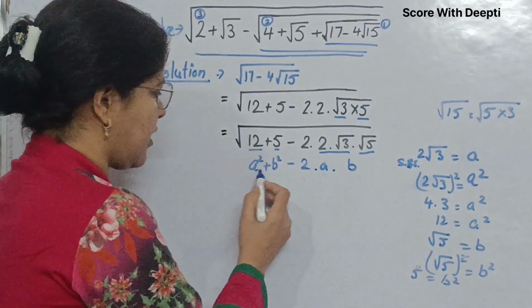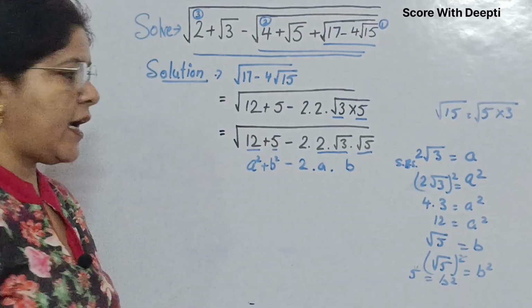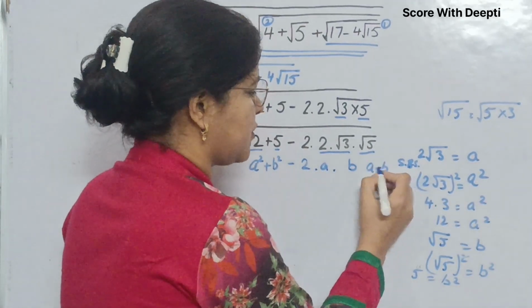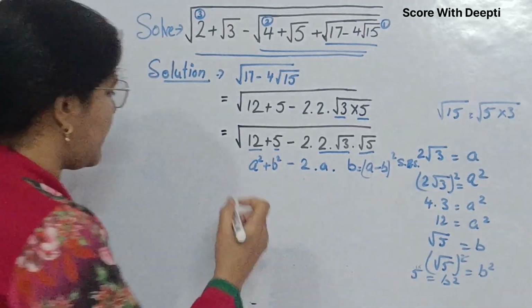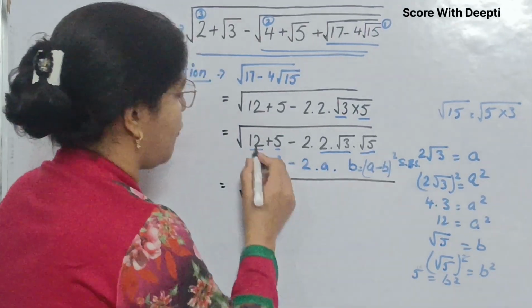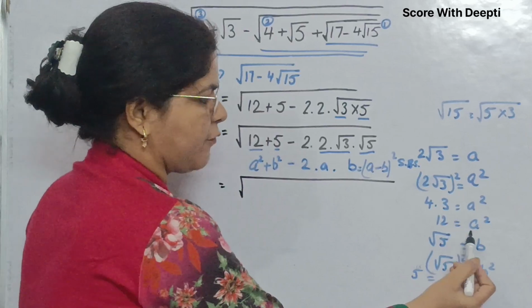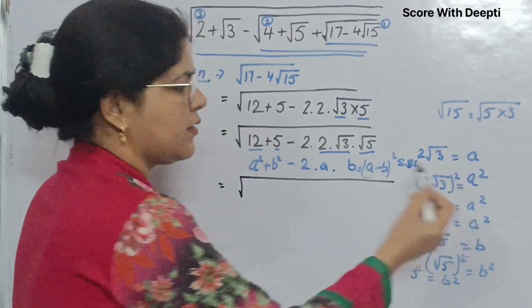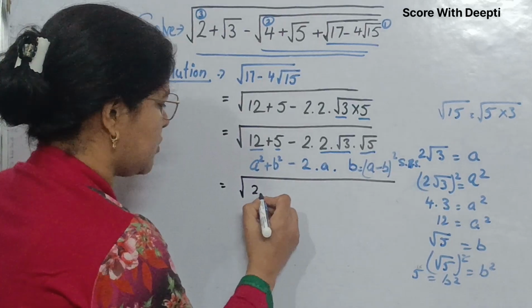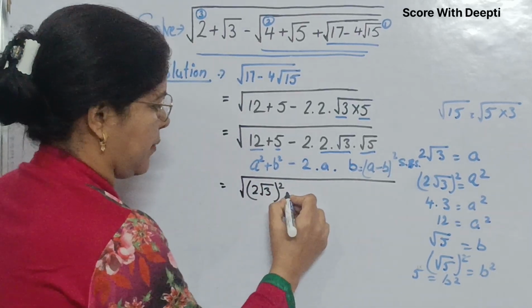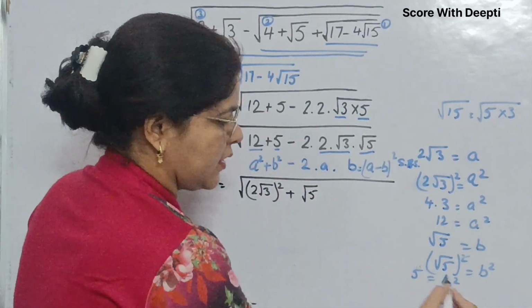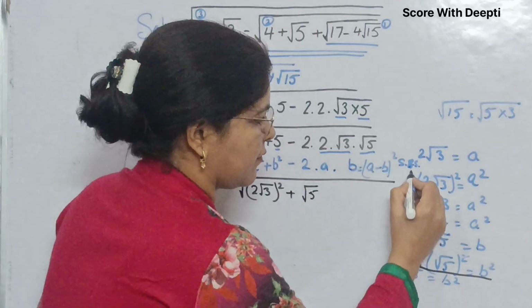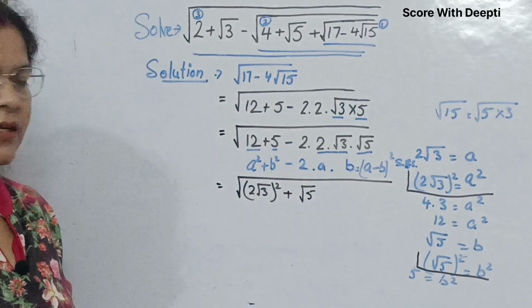Here we get a square plus b square minus 2ab, which is equal to a minus b whole square. First, in place of 12 we write 2 square root 3 whole square, plus in place of 5 we write square root 5 whole square. We write these in place of a square and b square.